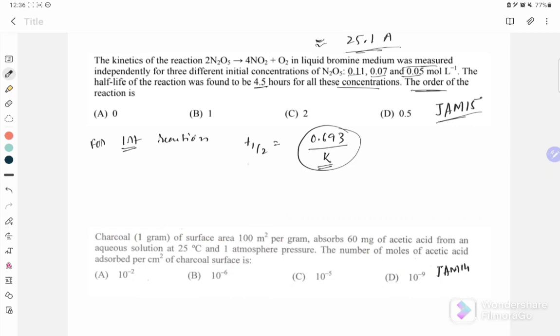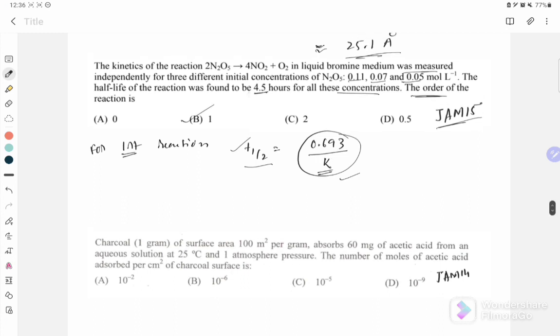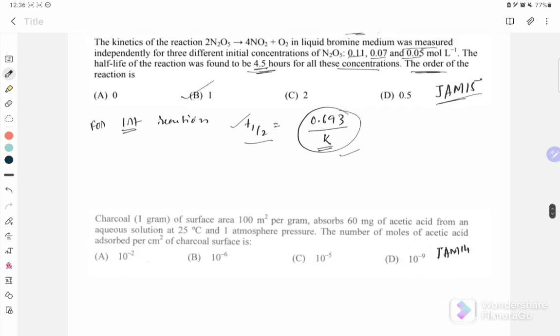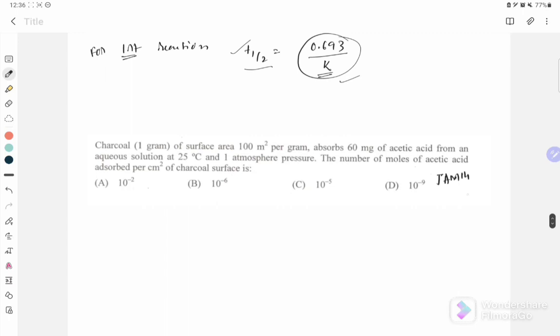So the half life doesn't depend on the initial concentration. For any initial concentration we take, the half life will always be the same. So the order of the reaction is 1, because it said that for all these cases the half life is 4.5 hour.